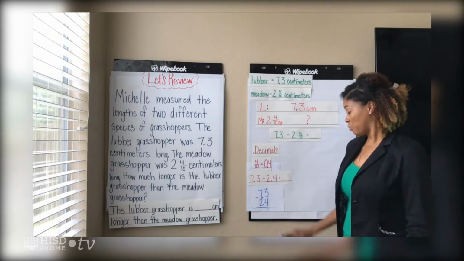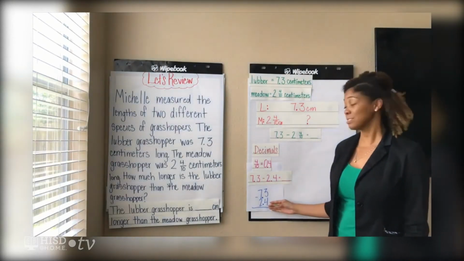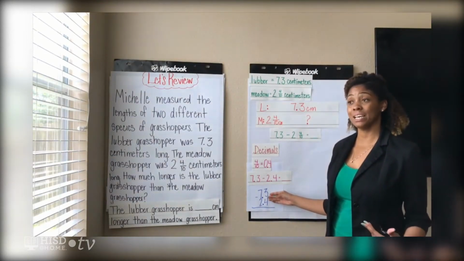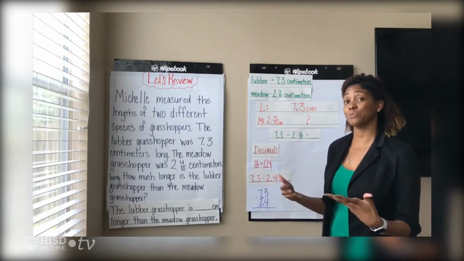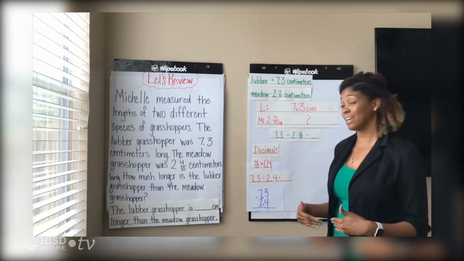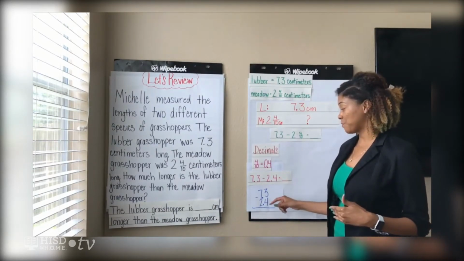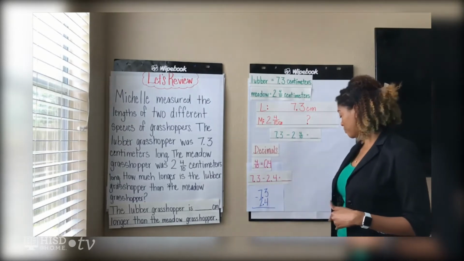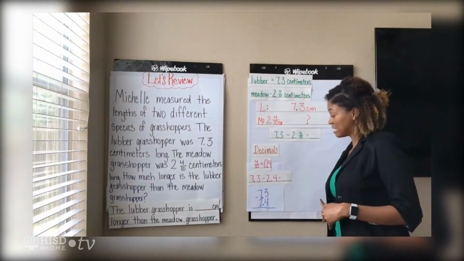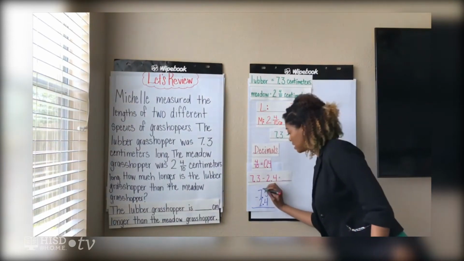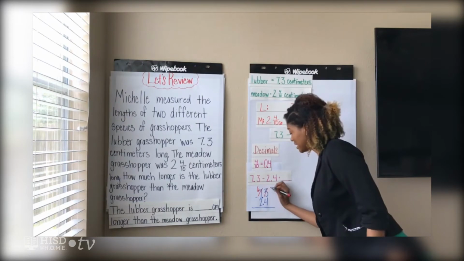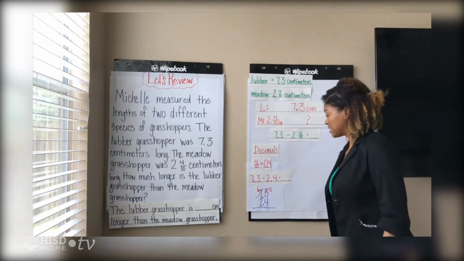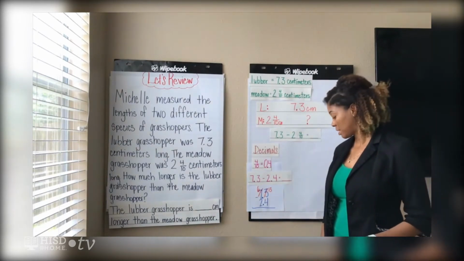And I know that once I see I can't subtract 4/10 from 3/10 in this equation because I have a whole number, I am able to regroup. So that way I am able to subtract the 4/10 from 3/10. So when I regroup this, the 7 then becomes 6 wholes, and my 3/10 becomes 13/10.